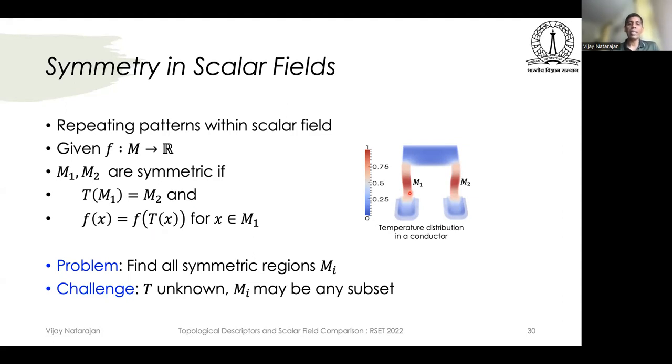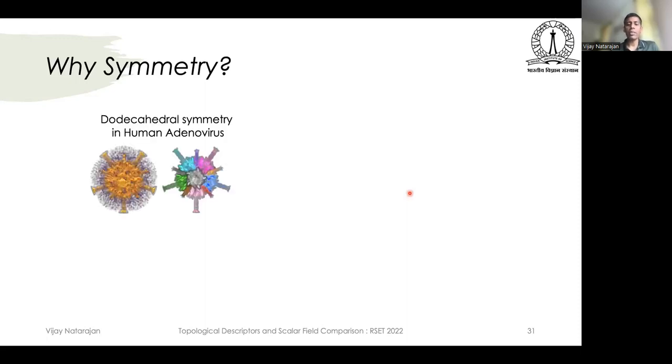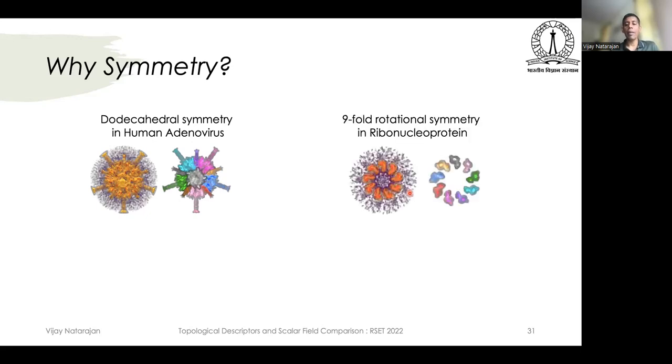One solution towards identifying symmetry is via visual abstraction, namely the use of topological structures, the contour tree or the merge tree. Symmetry is something we see in practice in living organisms, in viruses, for example, in protein molecules.